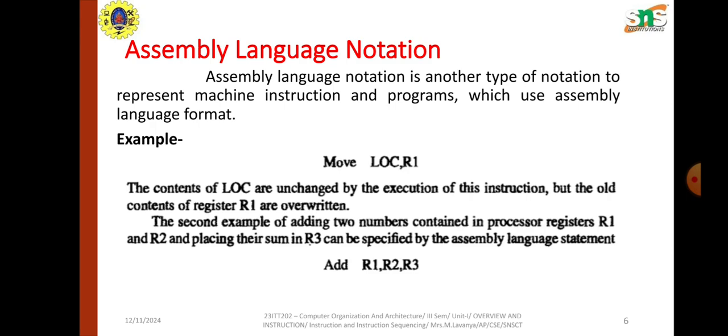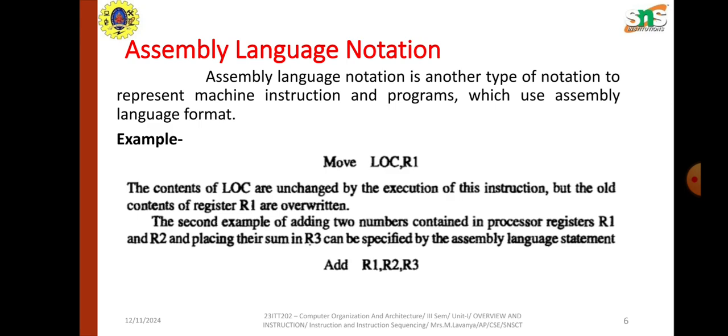In the previous instruction we have seen R1 ← [LOC] is the instruction in register transfer, and in assembly language the same instruction will be given as MOVE LOC, R1. Here the location, which is the source, is placed prior to the destination.